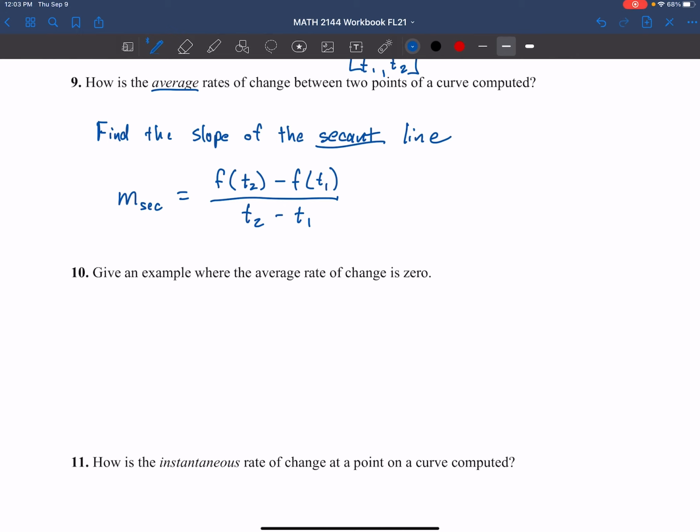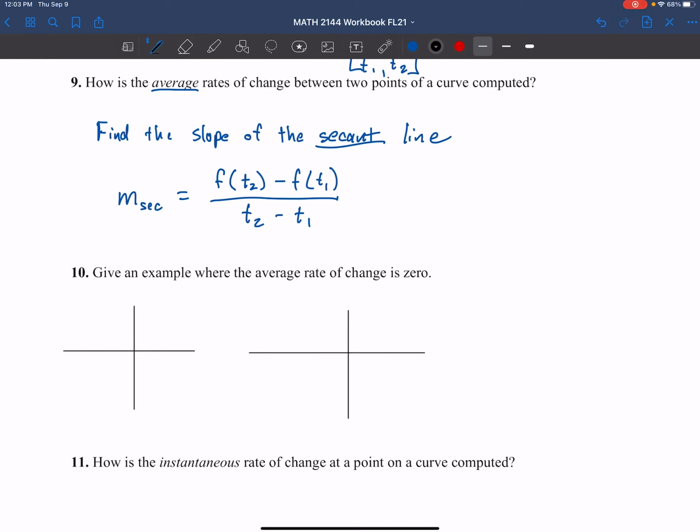What would be a scenario you'd run into here? I'm going to answer this with two graphs, one example here and another example here.